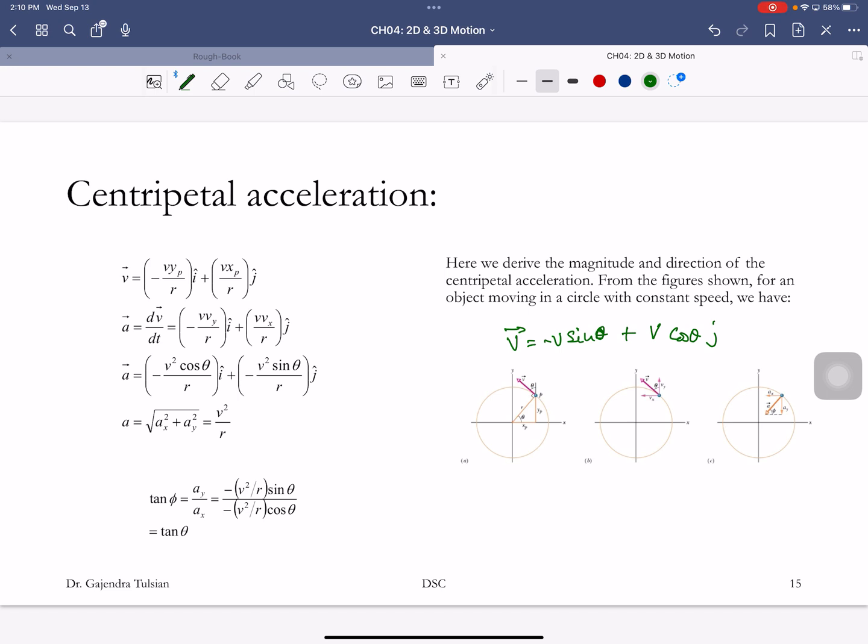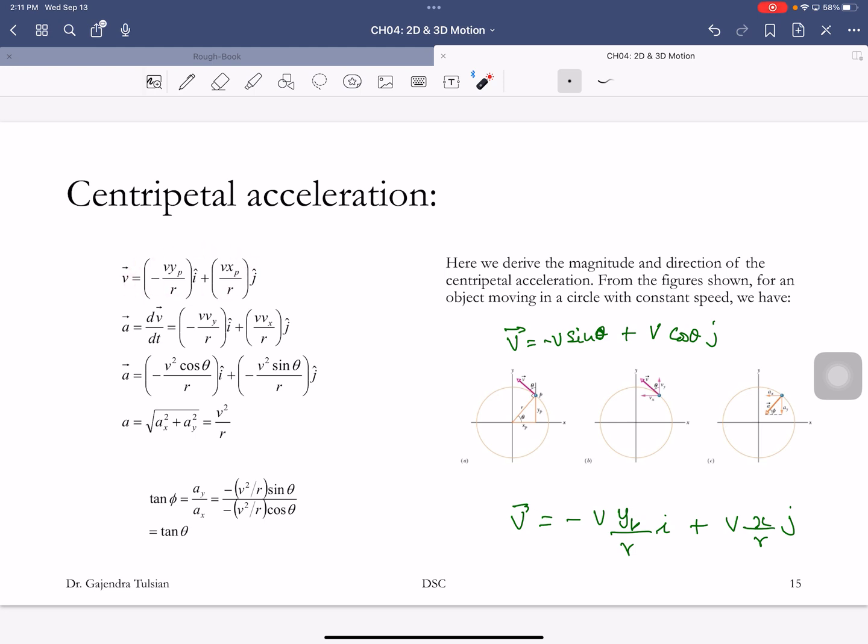And from this part, sine theta is y, your y coordinate, divided by r. So the velocity at that instant is minus v y divided by r i plus v x divided by r j, since cosine theta is x divided by r. So when you are here, there's your velocity.